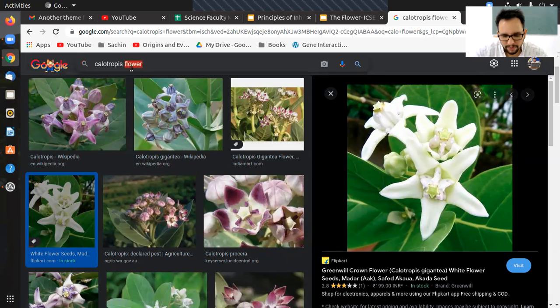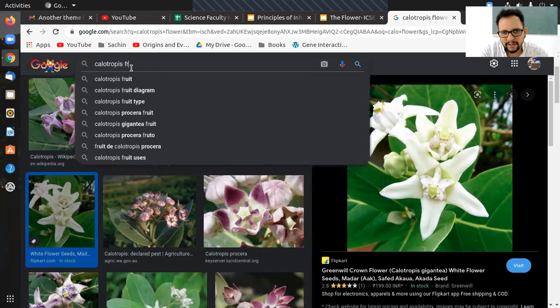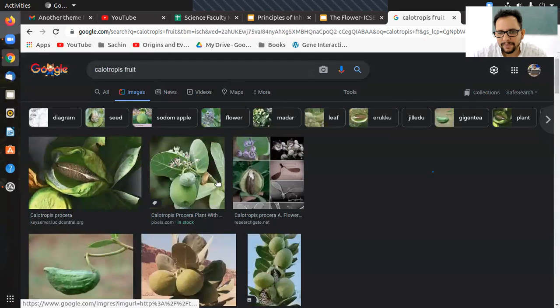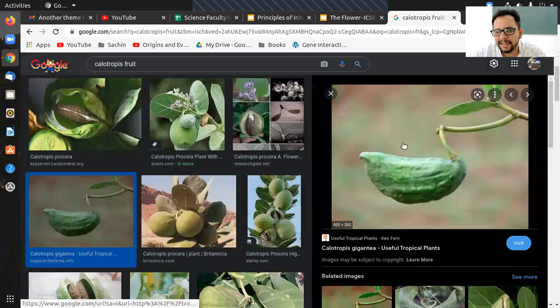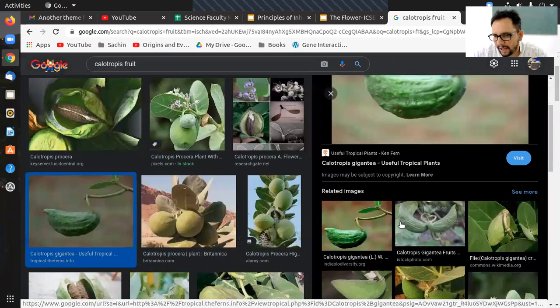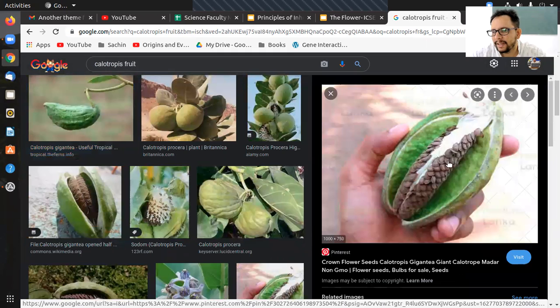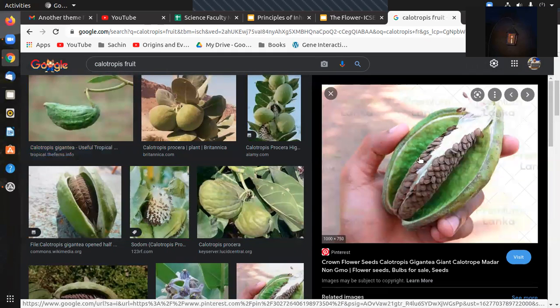Actually, this calotropis fruit is also really very interesting now, because we are here. This thing, you would have seen this also. When this pops up, you actually get that feathery thing, this one, right? Individually, pod, right? Yeah, pods. So big.